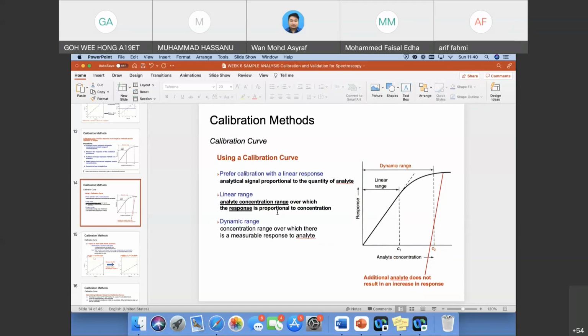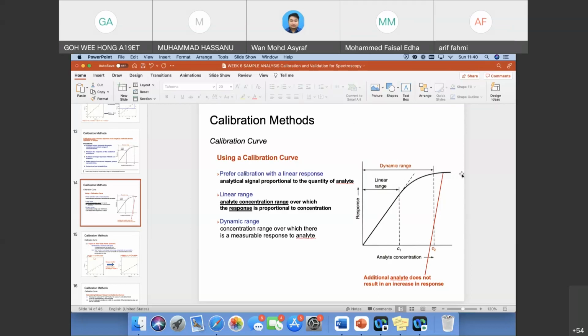And then there is a dynamic range as well. The dynamic range is after the linear range. We still have an increase in response with increasing concentration, but it's not linear anymore. It moves in a slant, and at some point you will have a constant value.